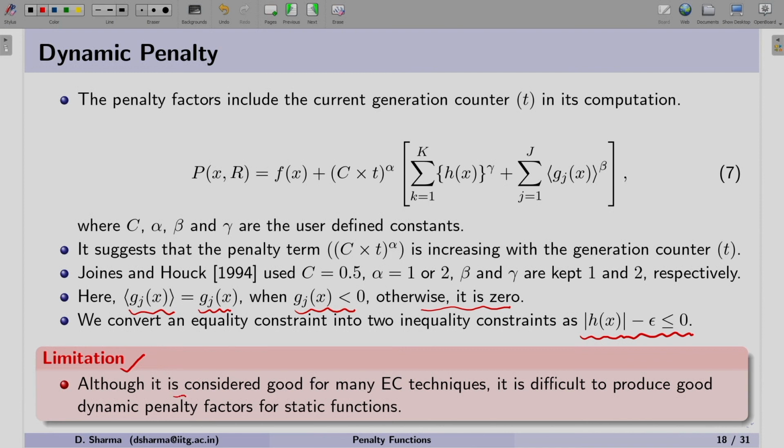Although it is considered good for many EC techniques, it is difficult to produce good dynamic penalty factors for static functions. Why? Because the objective function and constraints which we are using are considered static. So, although it is performing well, it is difficult to produce good dynamic penalty factors for those kinds of functions.